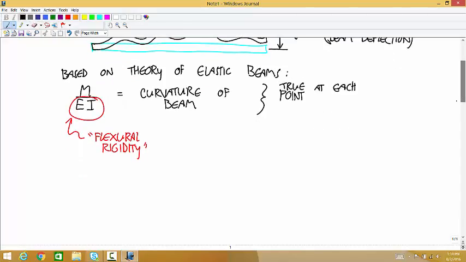Curvature. Who remembers curvature in calc something? Something between 1 and 4. So curvature in a standard XY coordinate system is given by this formula.